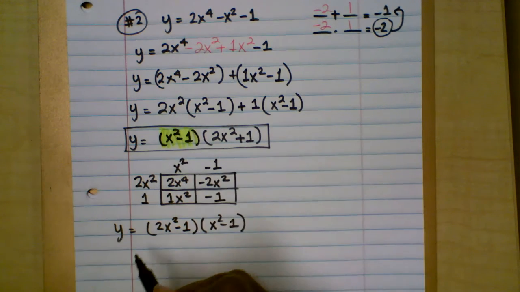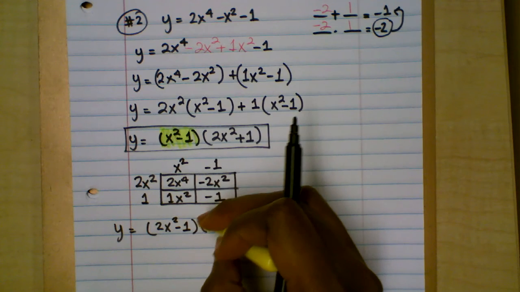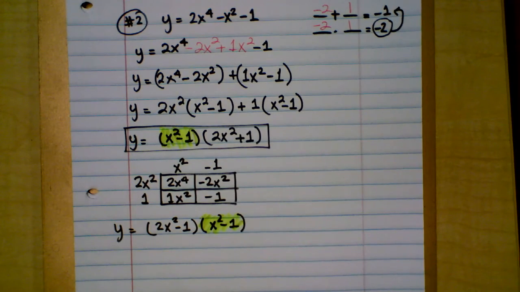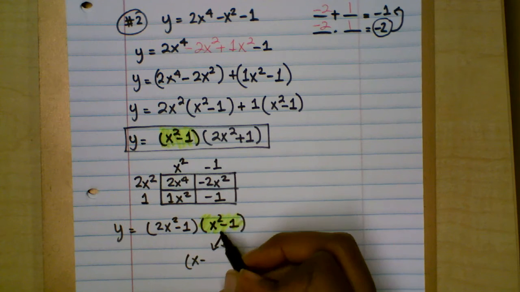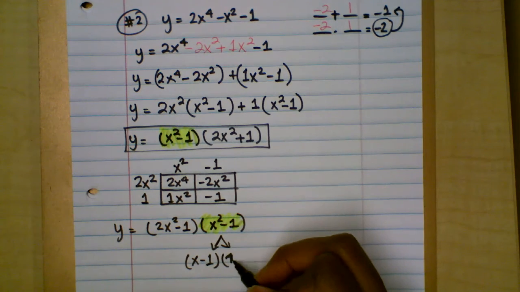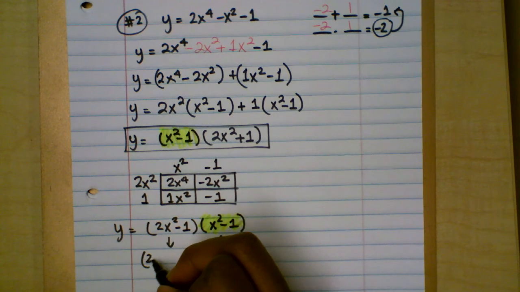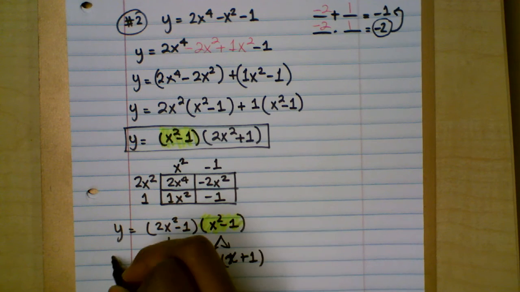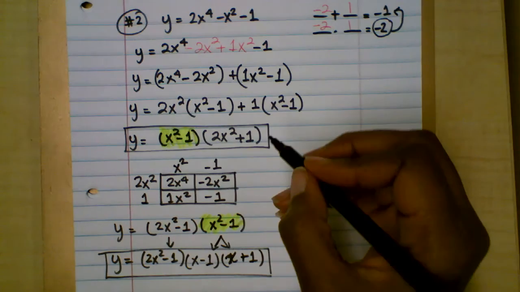Because you have a difference of perfect squares, I can continue further and factor x squared minus 1 as x minus 1 times x plus 1. And make sure you bring down the second factor. And this is the final factored form.